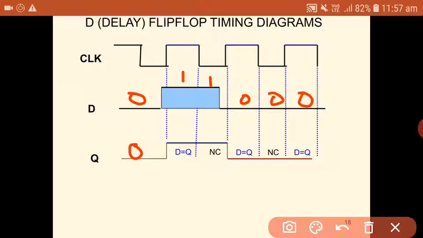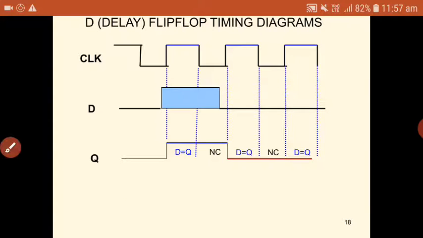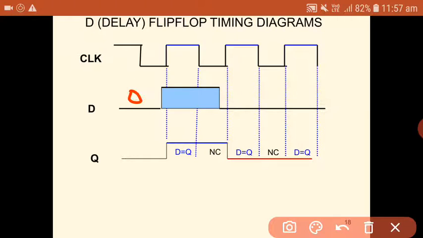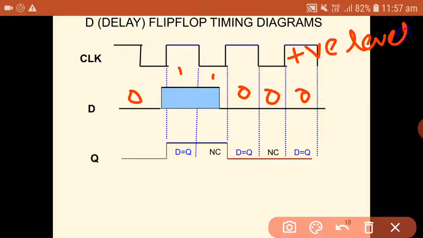Whenever the first clock pulse is applied, let us consider the clock as positive level triggering.